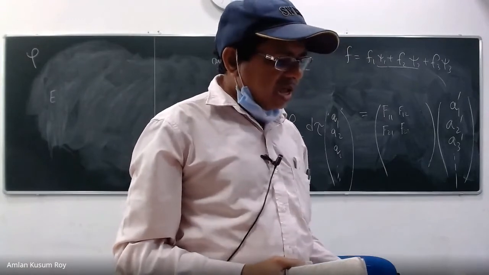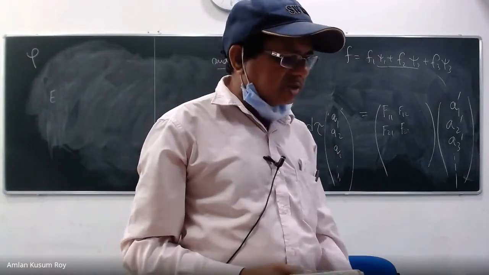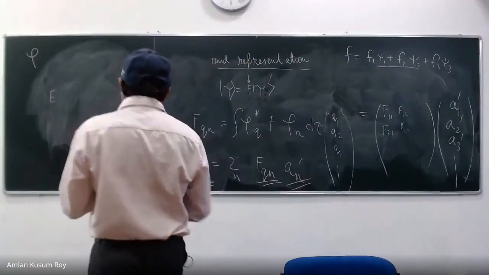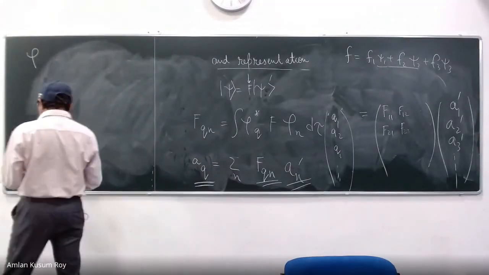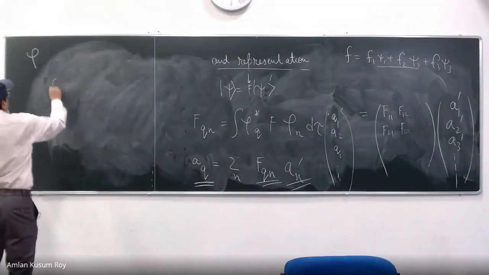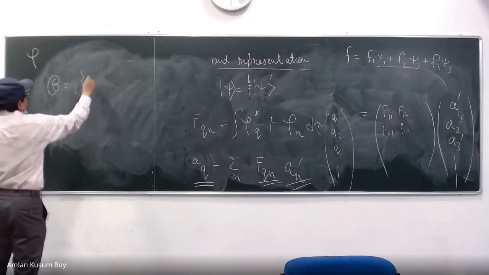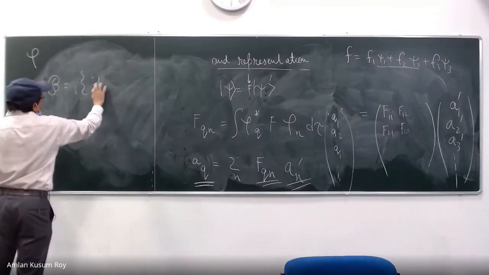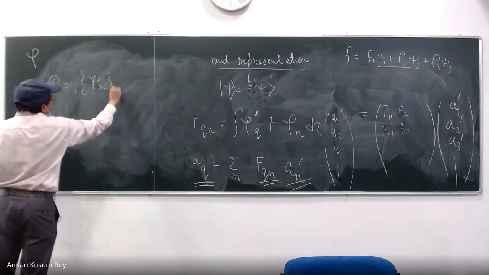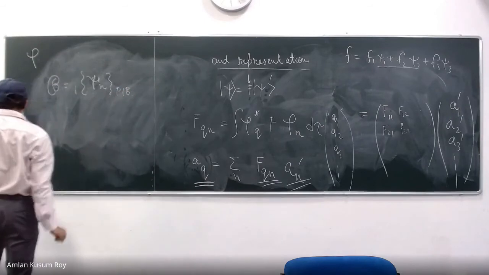In the position representation, suppose this is my basis. The particle in a box wave function is root over 2 by a sine, etc. I am not writing it out. So this is psi n pi b.